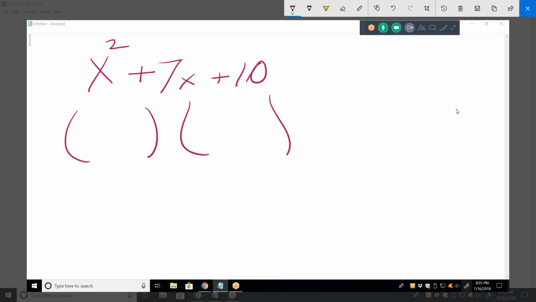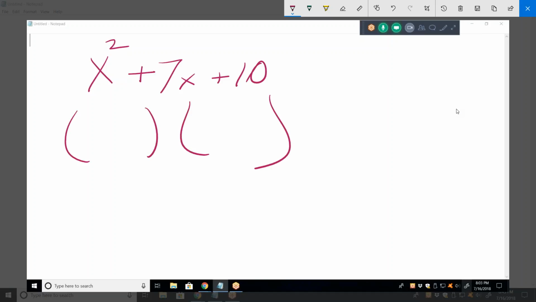So let me give you some common quadratics. Factor. And I don't have to turn this into an equation.